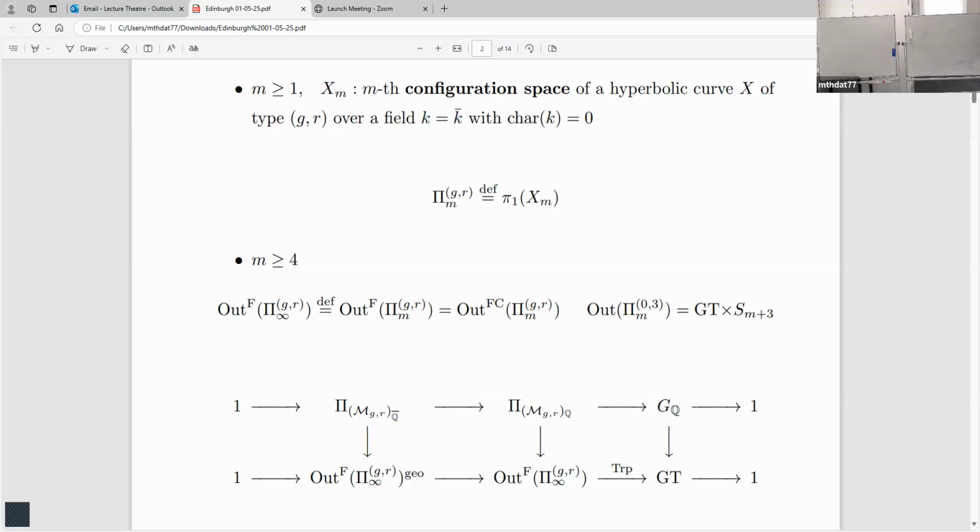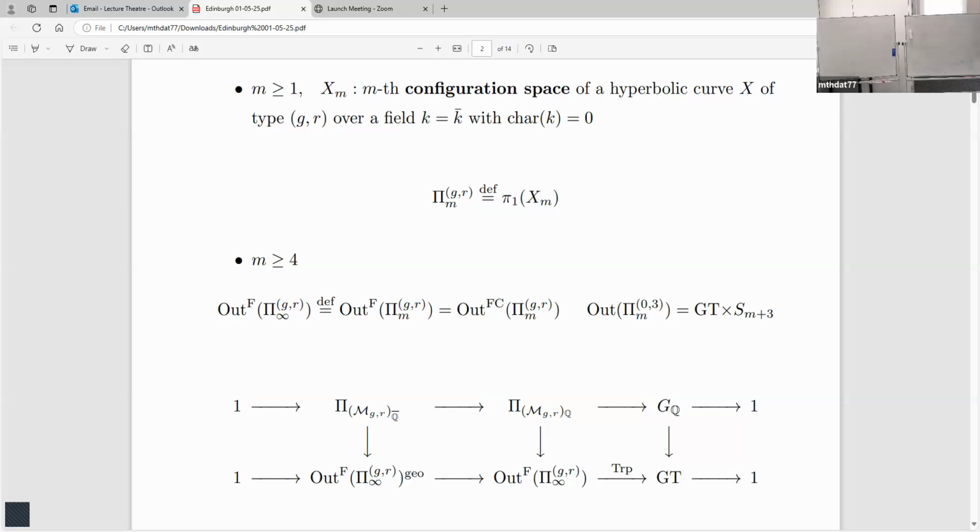And the definition of this map is highly non-trivial. One has various copies of the fundamental group of P1 minus 3 points over Q bar, which appear in this pi infinity GR, and for such an element of out F of pi GR infinity, one uses automorphisms of these copies. And what one shows is that essentially one gets the same automorphism.